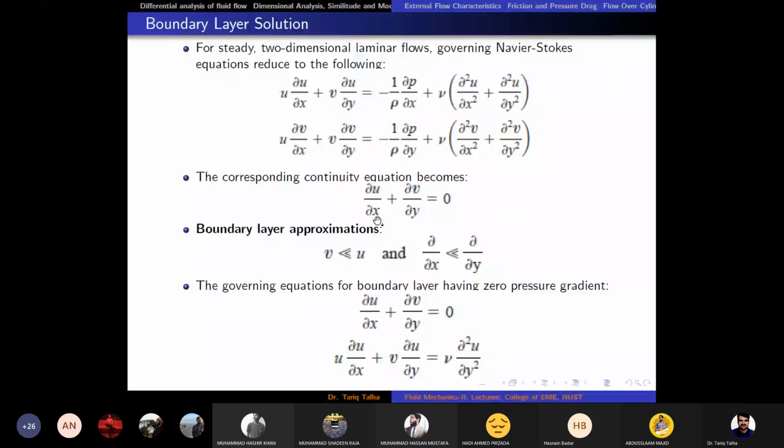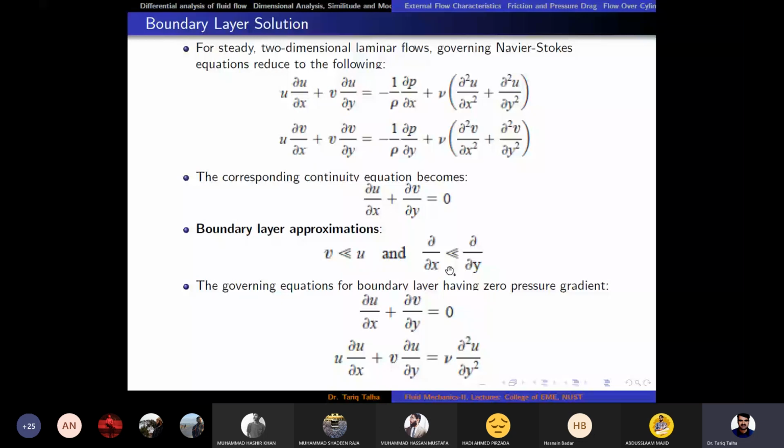And then the second equation, the u momentum equation, with u into partial u by partial x. Now partial u by partial x is very small, but u is quite big, so we cannot neglect this term. That's why we have retained it. And v velocity is approximately equal to 0, so we have taken it as 0. We have mentioned that there is 0 pressure gradient within the boundary layer.